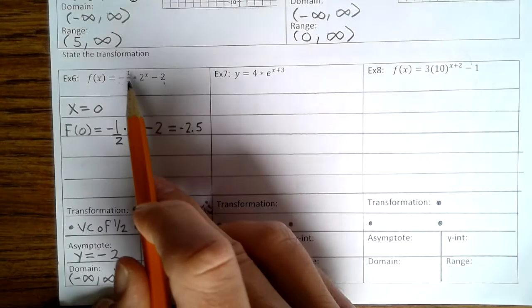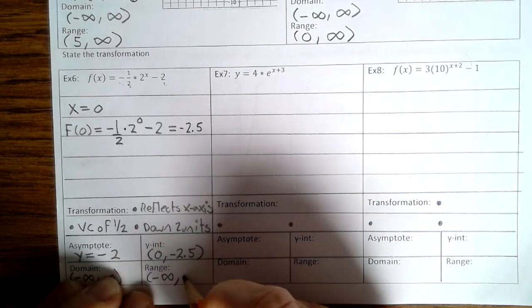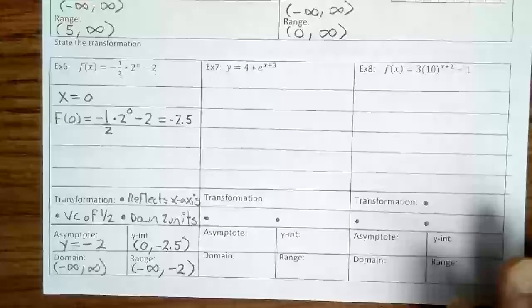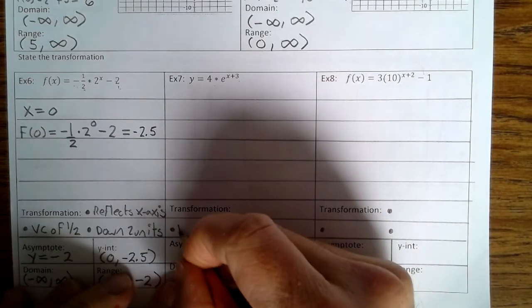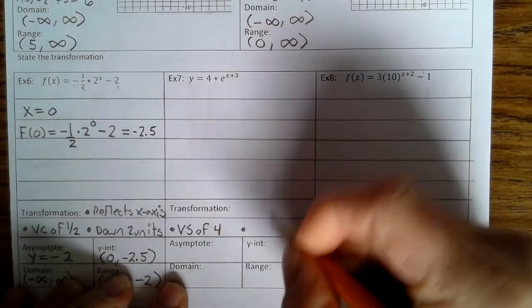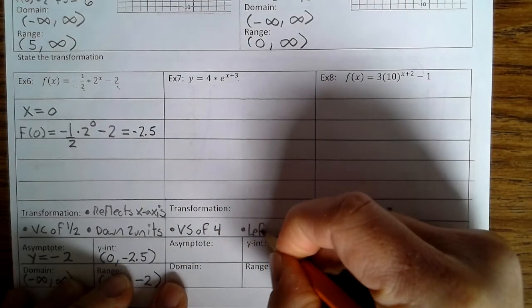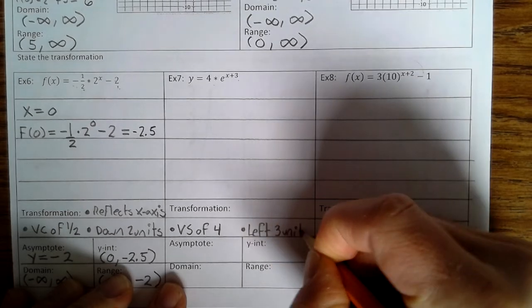All right, let's take a look at example 7. Okay, transformation, it looks like we have 1, 2. Okay, so that's a vertical stretch of 4, and that's left 3 units. Okay, now the asymptote, that's +0, so our asymptote's y equals 0. Now the y-intercept is when x equals 0.